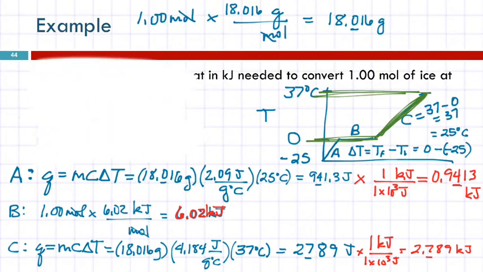So let's make a little space, go over here, and stack these up. So I have 0.9413, and I have 6.02, and I have 2.789.